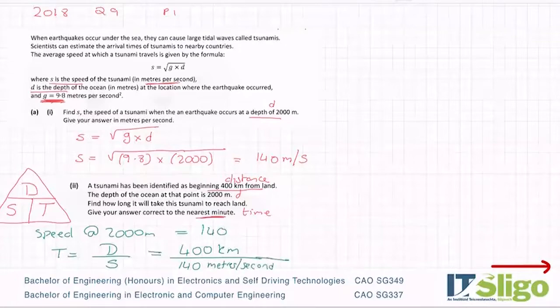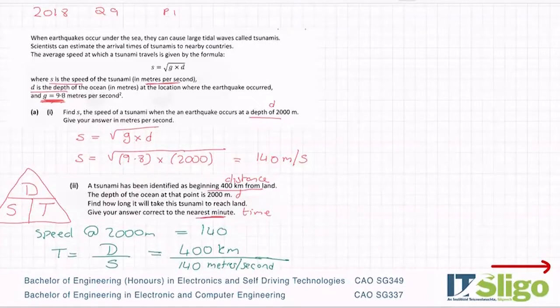Now the reason I'm writing in my units here is because my units have to match. So when I do a calculation here, and if my speed is meters per second, then my time is going to be in seconds. But I can't really do a calculation that has kilometers and meters in it because they are different units.